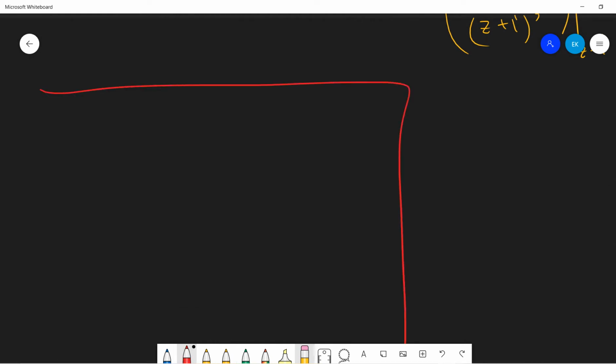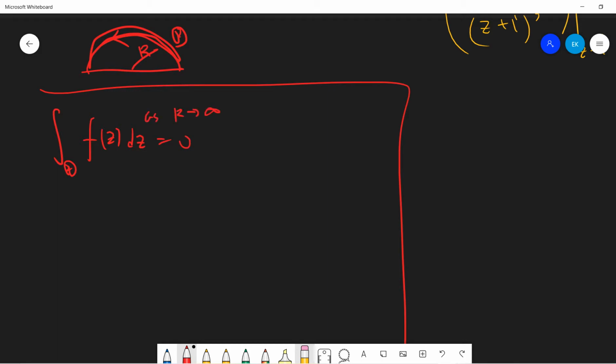The idea is that if you choose a radius r, we want to prove that this part, let me call it 2, the integral of f of z dz, will be 0 as r goes to infinity. So let's say z is r exponential i theta, right?